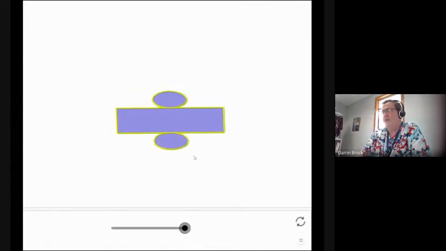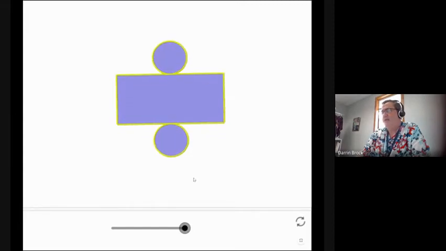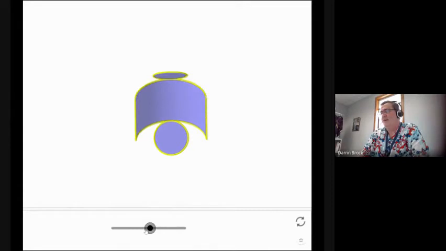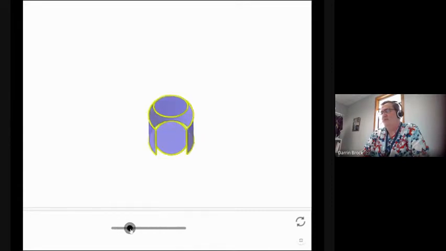Boom, there you go. It is a rectangle with two identical circles at the top and the bottom. And as we fold that rectangle back up, it makes our cylinder. But it is a rectangle with two circles.